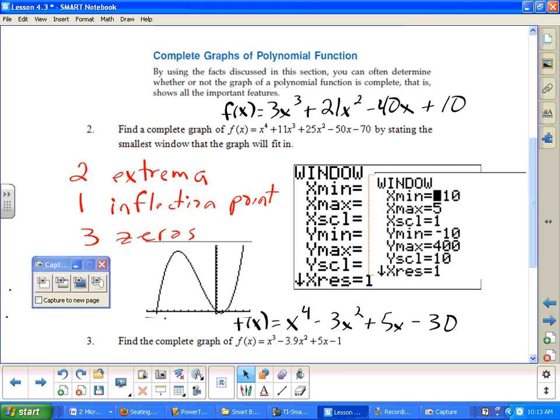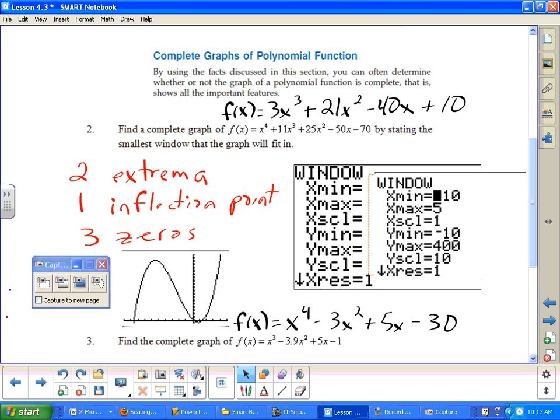And here's the graph. It shows all the important features. It's a cubic function, so I can see my max and the min. And I can see that it goes down to negative infinity because this graph is going to continue down here and continue up there to positive infinity because there's a positive leading coefficient. And it's going to have one inflection point where it changes from concave down to concave up.